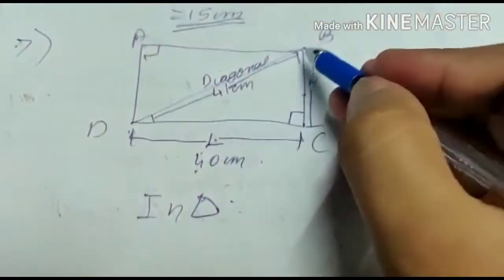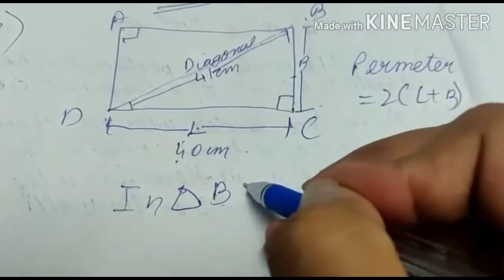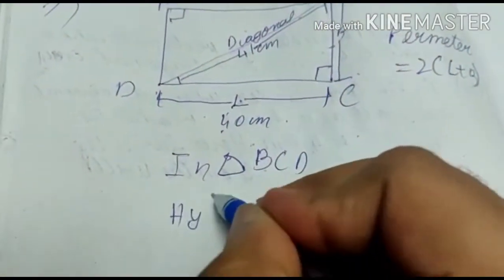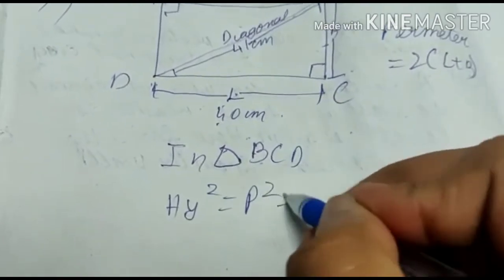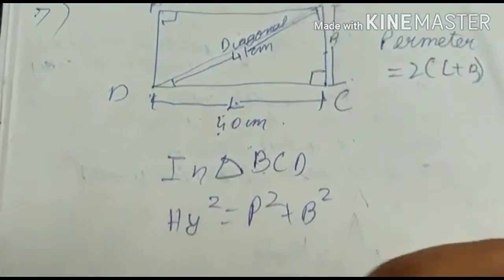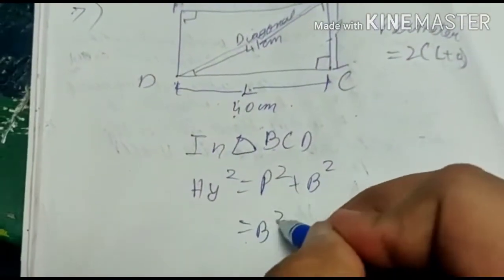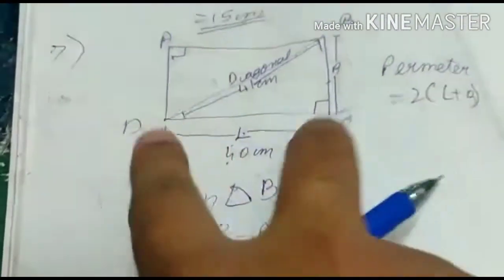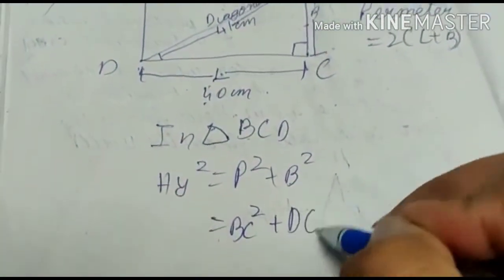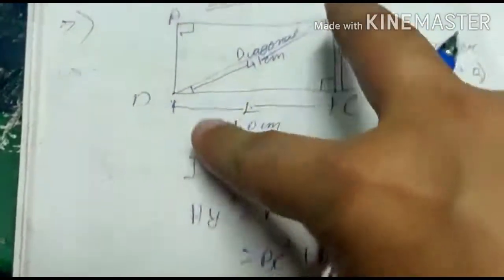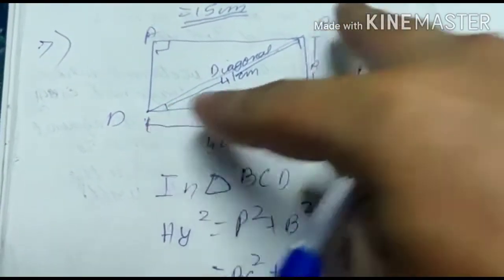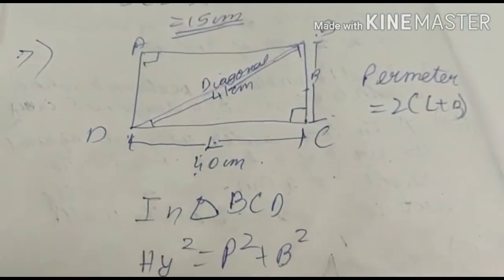So in triangle BCD, hypotenuse square equals perpendicular square plus base square. Here the perpendicular is this standing line, BC square, and the base is DC square, and the hypotenuse is DB.